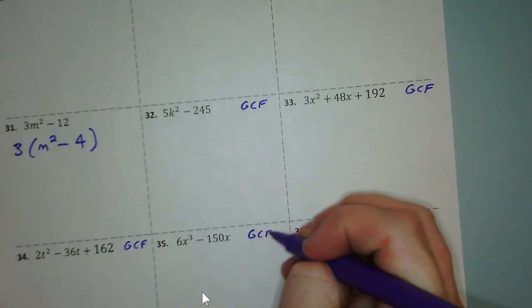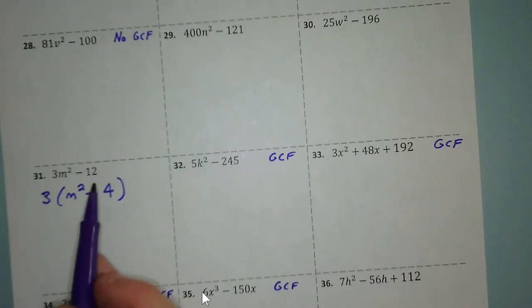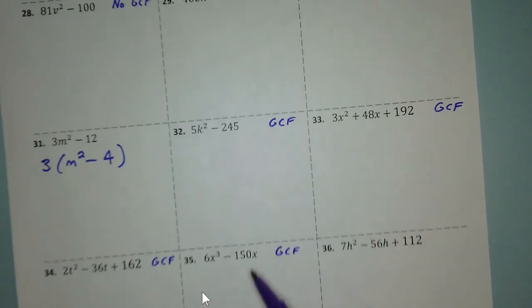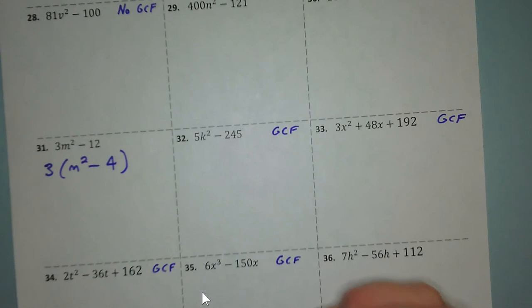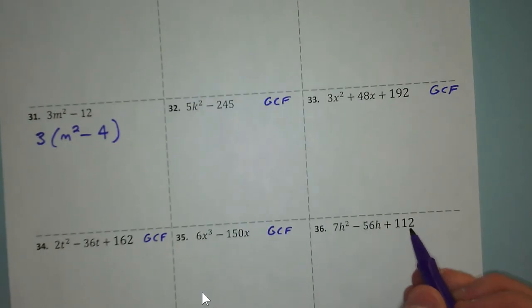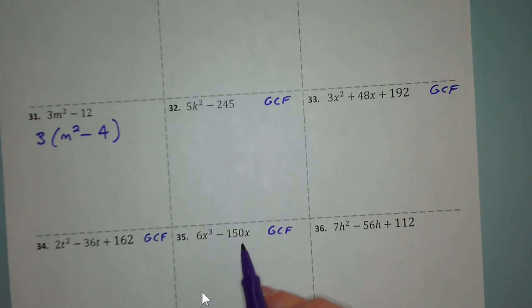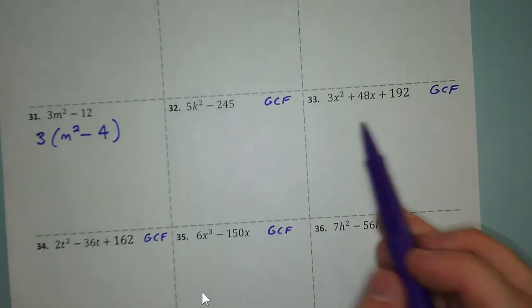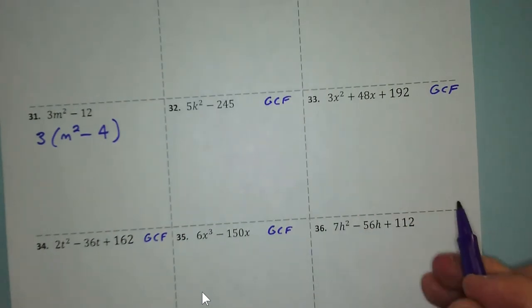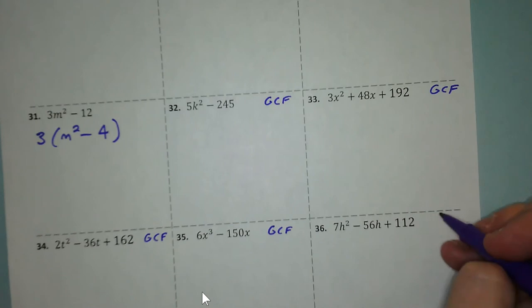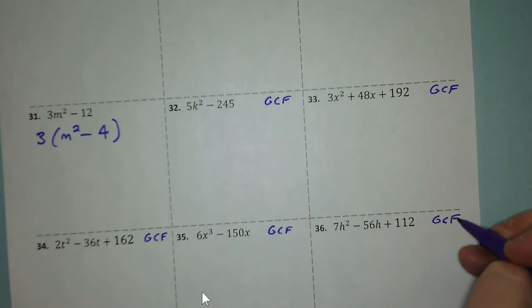Yes, there is here. But again, just like number 31, you would bring out a GCF and then probably factor again. Number 36, yes, there is a GCF. There is a GCF. Correct me if I'm wrong here, but yeah, there is a GCF.